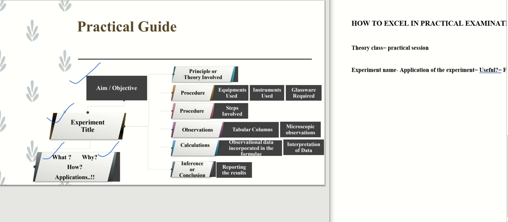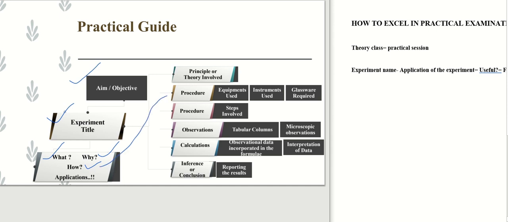To know, of course, the parameters. So be it viscosity, be it surface tension, be it critical micellar concentration. And how this experiment can be performed? How? That we'll be discussing in the procedure.